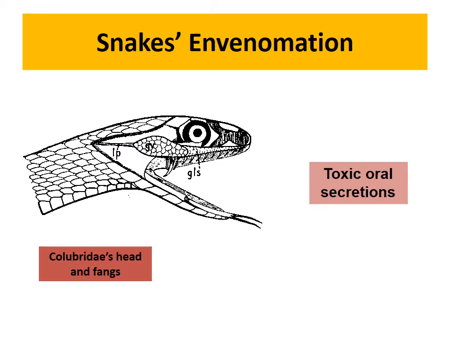We can differentiate each family from the other by the shape of the head. In the Colubridae family, the shape of the head is elongated, with the fangs by which it bites at the back of the upper jaw.